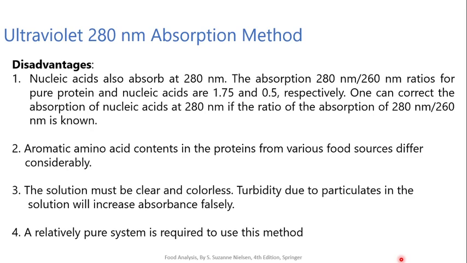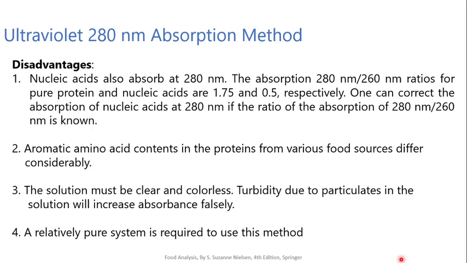So one can correct the absorption of the nucleic acid at 280 nanometers if the ratio of absorption at 280 nanometers and 260 nanometers is known. Accordingly we have to correct that. This is one of the disadvantages, that nucleic acid and pure protein show the same absorbance.